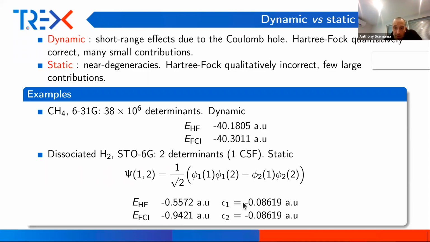And you see here that the energies of the orbitals are the same because you really have degenerate orbitals. So you really need to include those two states to describe your system properly. And as these two Slater determinants have an important weight in the wave function, you see that the Hartree-Fock density is a bad representation of the wave function.